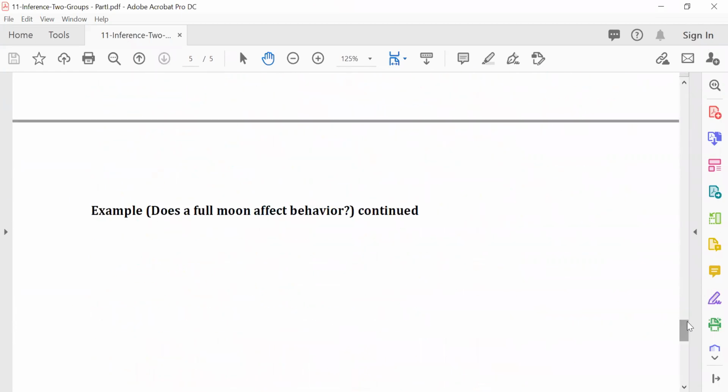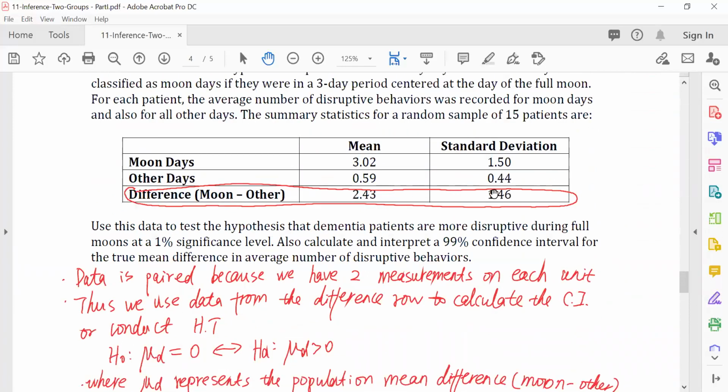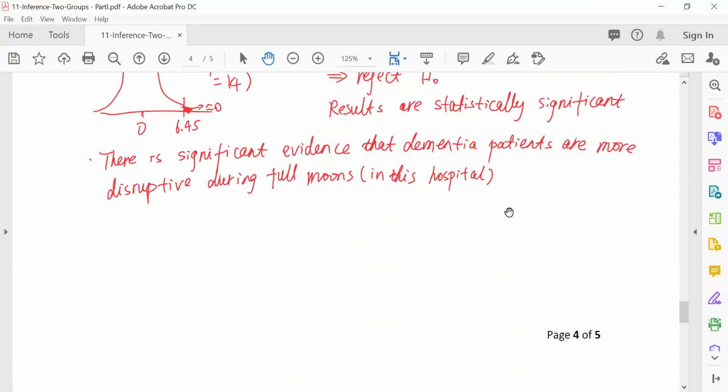So the 99% confidence interval that we are trying to calculate using this formula is d bar plus or minus t times sd divided by square root of n. So we are again using the data from the last line.